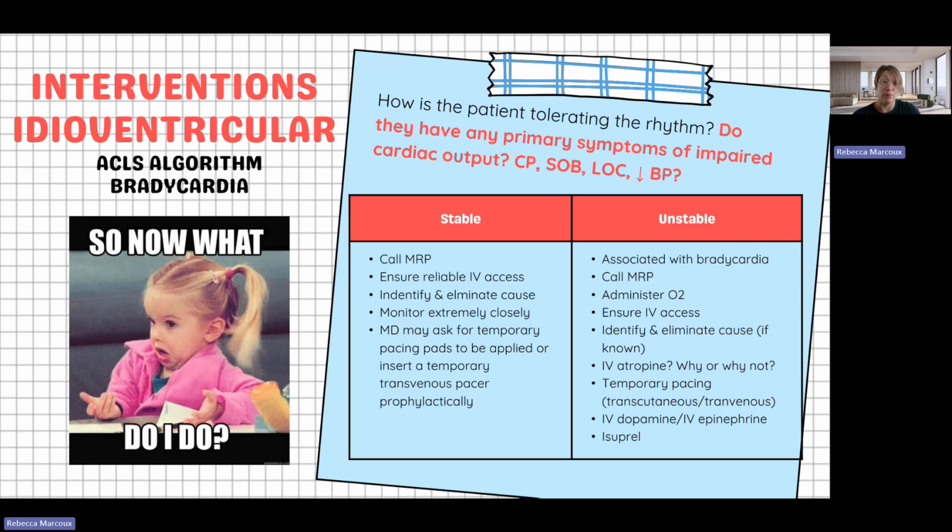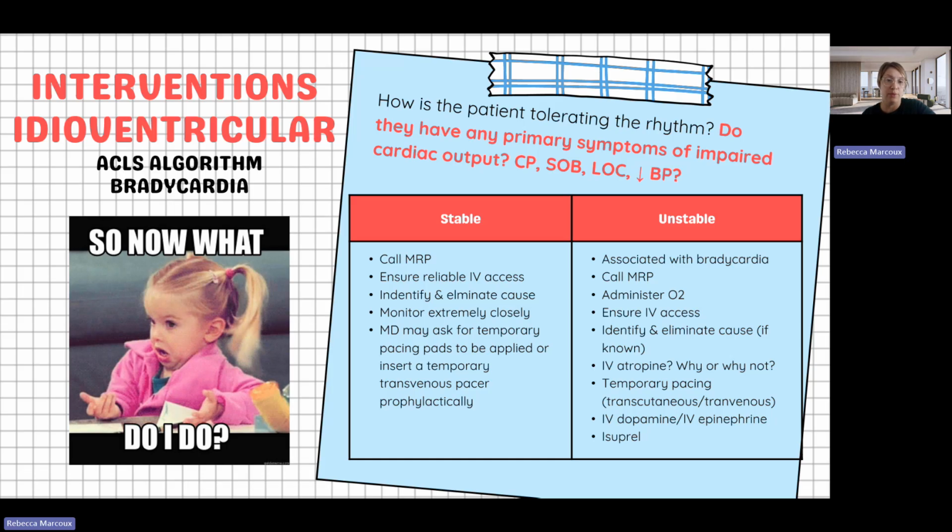If the patient is unstable, we usually start transcutaneous because it's fast. And if you don't have transcutaneous pacing, or you get one of the patients that doesn't respond, only about 80% of patients respond to transcutaneous pacing, you might try IV dopamine or IV epinephrine, which will also increase our heart rate, or isoproterenol or isoproterenol, which will also increase heart rate.